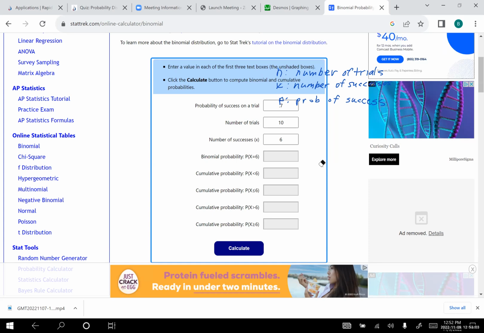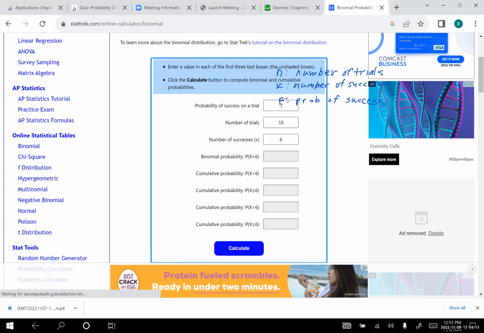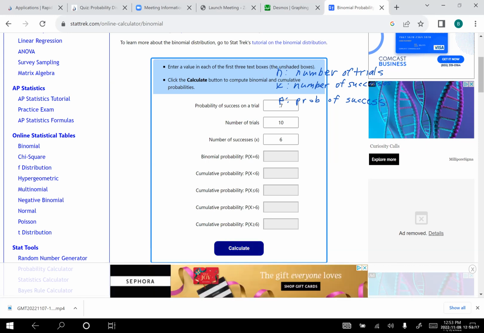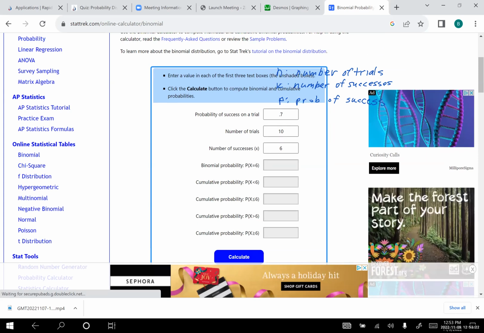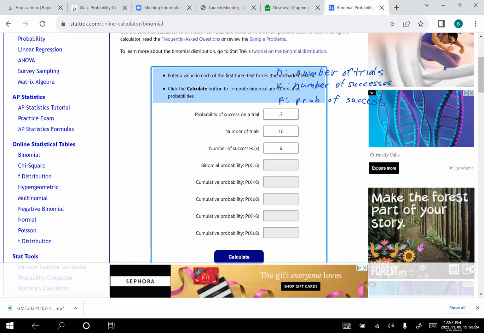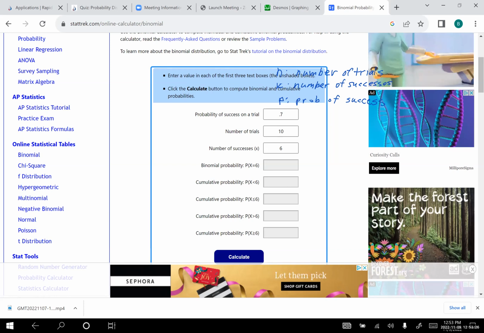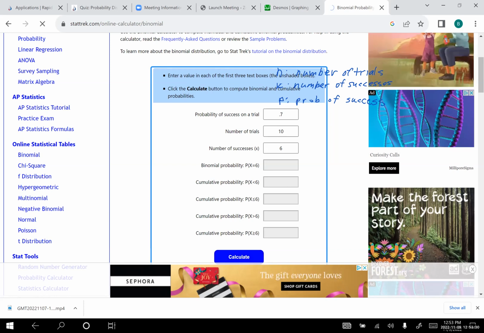All right. Now is it? I don't know why it's not calculating. I'm sure this has everything to do with my, put it in again.